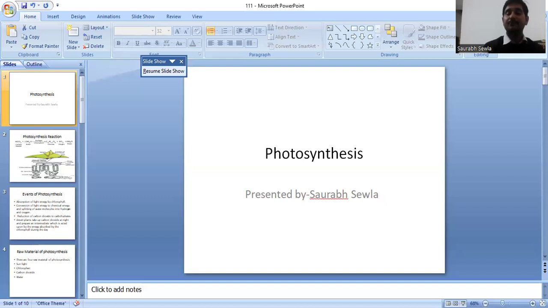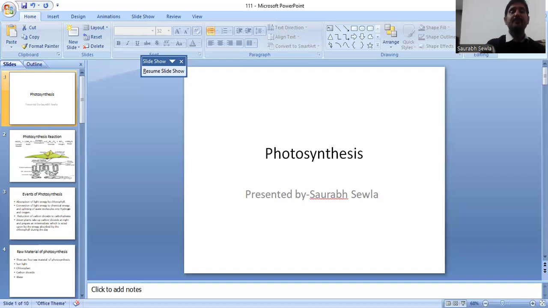There was no potassium hydroxide solution, so it is unable to absorb carbon dioxide. Therefore, the carbon dioxide is totally captured by the plant's leaf through the stomata, and it can be fixed along with the hydrogen to form carbohydrate. So this activity is very important, and it shows that carbon dioxide is necessary for photosynthesis.